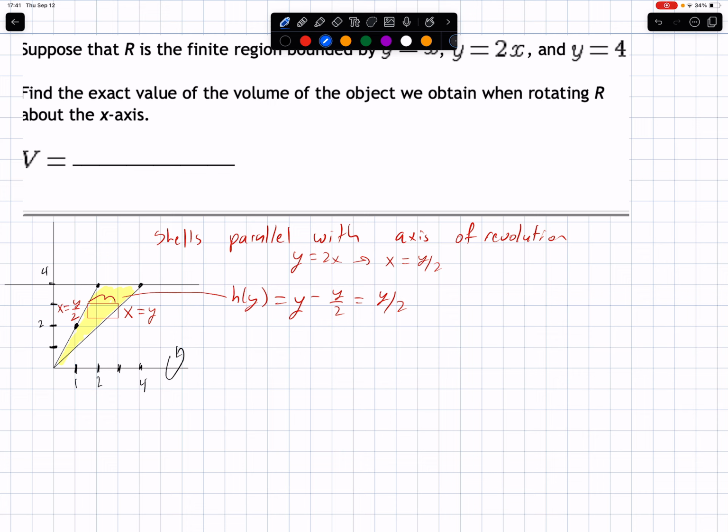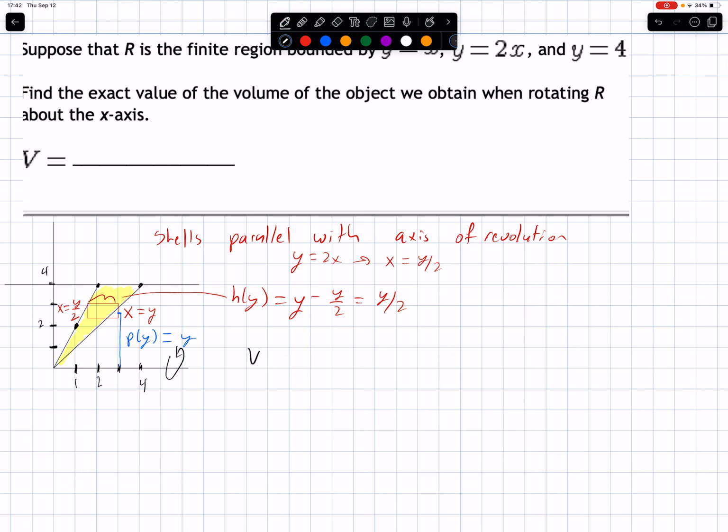We're just rotating around the x-axis, and so the average radius, or the distance from the center of our shell here to the axis of revolution, if I'm right here, this is about 2.5. And so that distance is 2.5, or if you're down here, like 0.8, then that distance is 0.8 from the axis of revolution. So that's just simply going to be y.